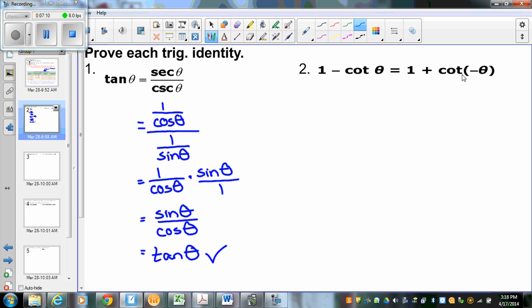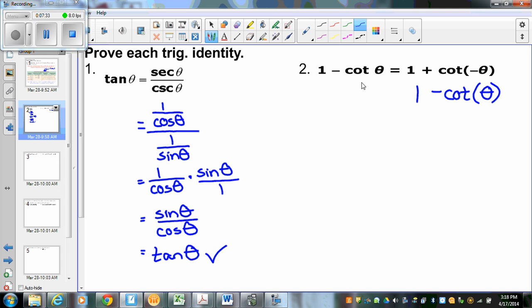It says that tangent of negative theta is equal to negative tangent of theta. Well, I told you that that's also true for its reciprocal. So if tangent changes signs, cotangent is going to change signs as well. So cotangent of negative theta is really negative cotangent of theta.